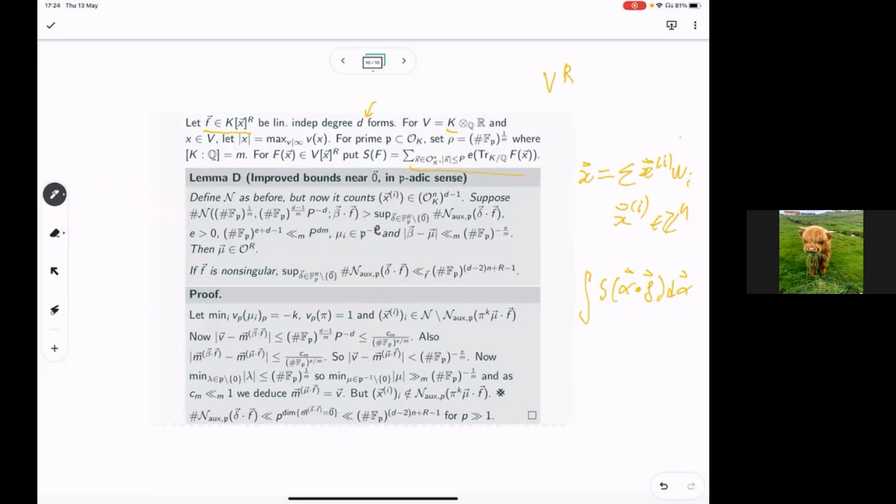Right, so the main difference is that instead of taking a rational with denominator dividing p to the e, you take a number in k, which is in p to the minus e for the prime ideal p.